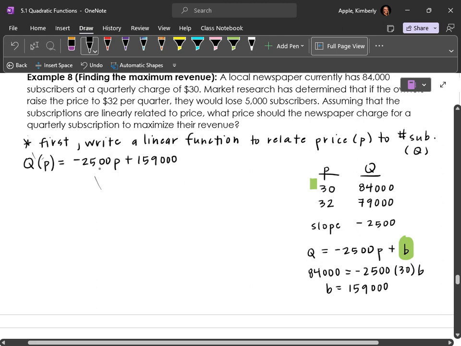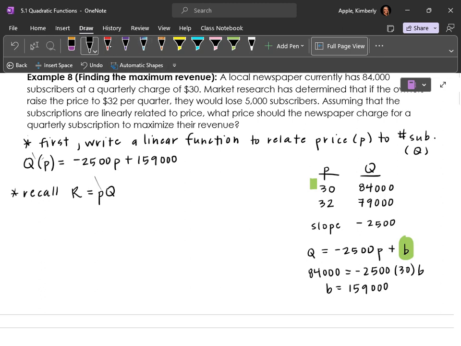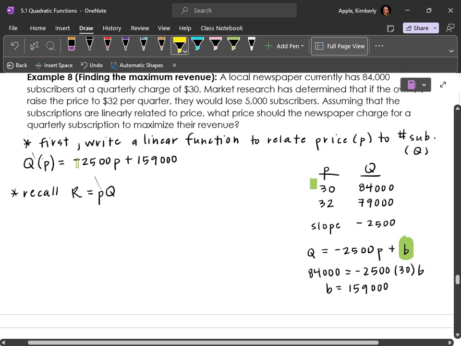Step one is done. Then we need to go back and recall that revenue, R, is equal to price times number of subscribers. And so we can take this expression for Q and plug it in here, and then we're going to have a quadratic again like we did earlier.